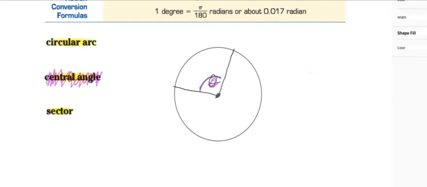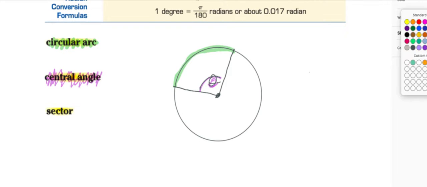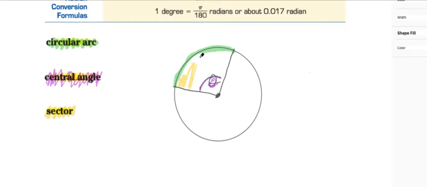The circular arc is the arc that is intercepted by that angle, and I'll make that a little bit thicker. That's the circular arc, this guy here, and we can talk about the length of that arc. Finally, the sector, which I'll leave in a yellowish color, is the entire thing. Oftentimes we'll talk about the area of the sector.